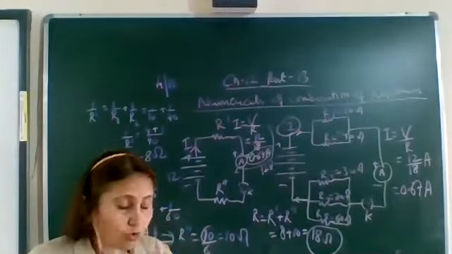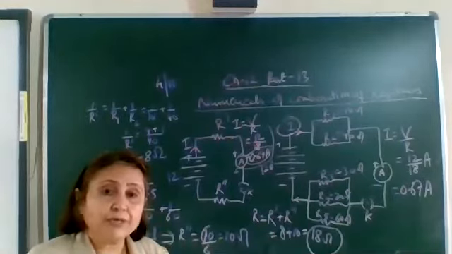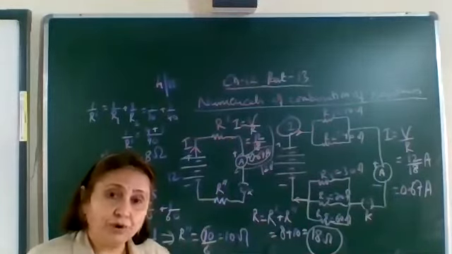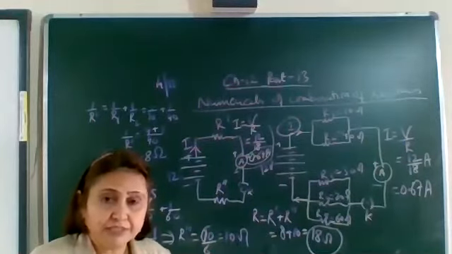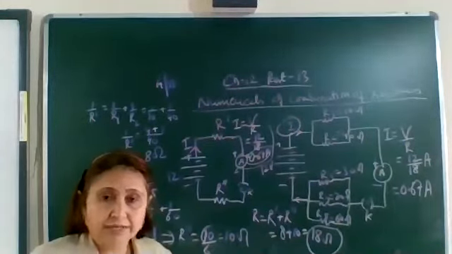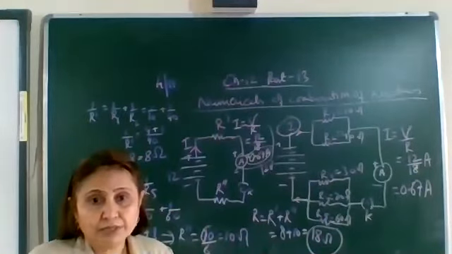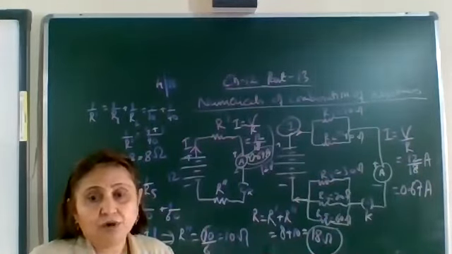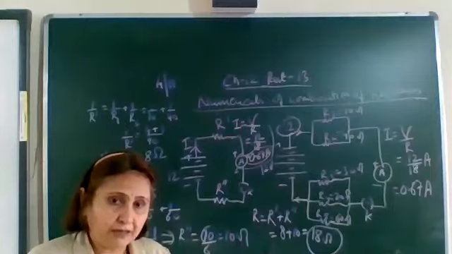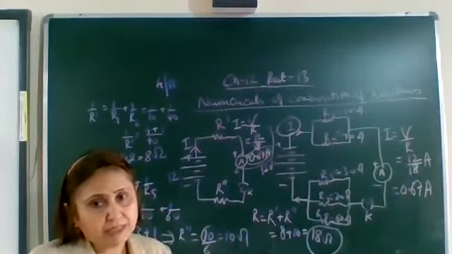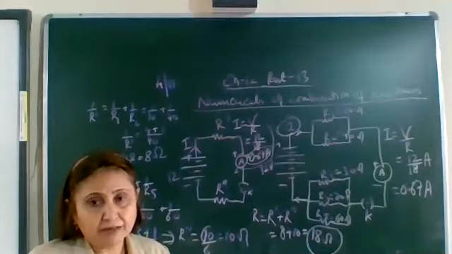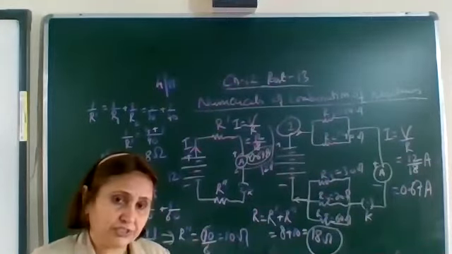At home, whatever electrical gadgets you have, all of them are connected in parallel. The fan, bulb, geyser, electric motor, washing machine, all these are connected in parallel. They are not connected in series.